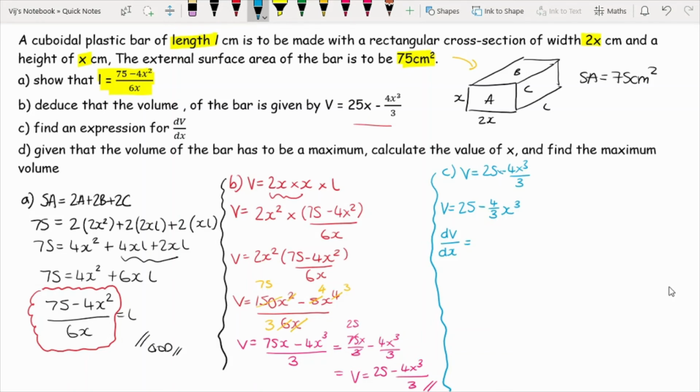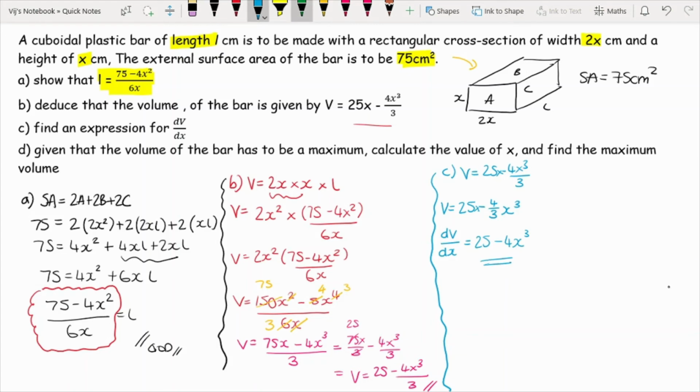I've missed out an x, there was something missing. So here we've got 25, and then 3 times 4/3 will just be 4x squared, and there is our expression for C.